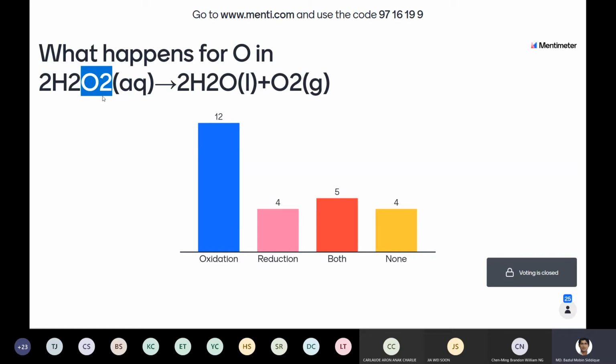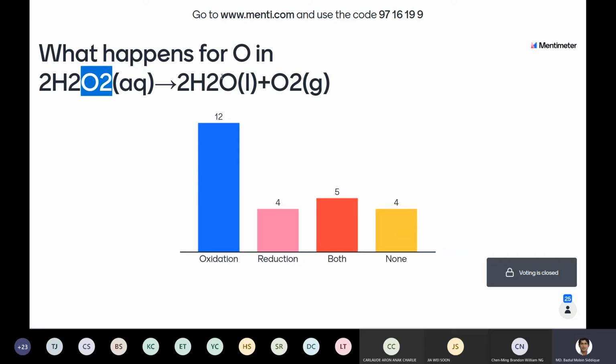This is one of the exceptions for the oxidation state of oxygen: hydrogen peroxide and OF2, oxygen difluoride. In OF2, oxygen has a +2 charge, and in hydrogen peroxide, oxygen has a -1 charge. So this oxygen has a -1 oxidation state, and it is decomposing and producing water and oxygen gas.